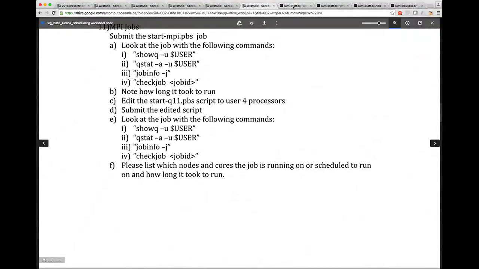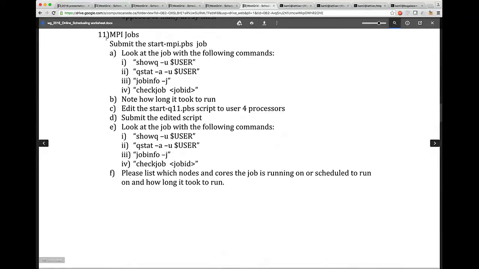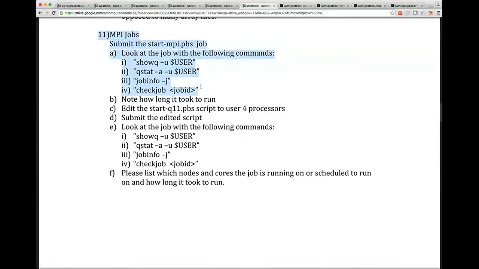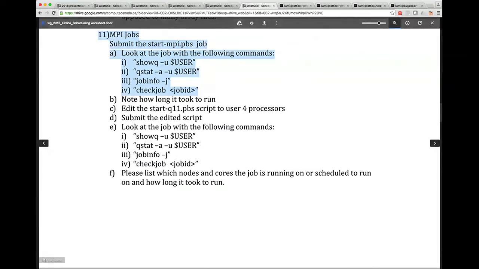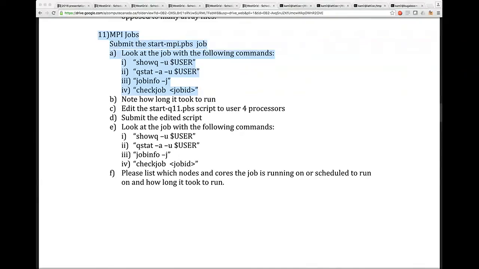Okay. So let's start with MPI jobs. Yes, somebody says they could see how this could be used for running Monte Carlo simulations. So yes, that would be the most typical use of this.